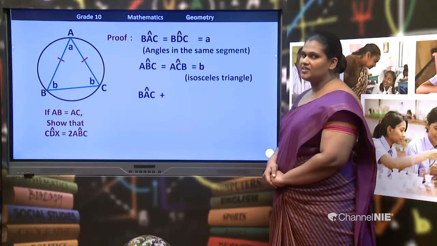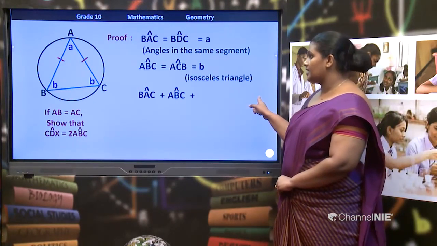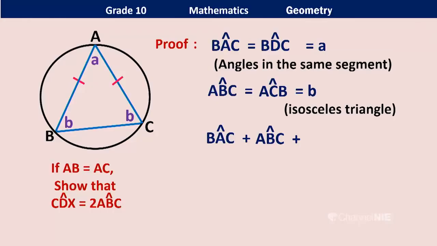Therefore, we can say angle BAC plus angle ABC plus angle ACB is equal to 180 degrees, since they are the interior angles of a triangle. So, we know that the sum of the interior angles of a triangle is equal to 180 degrees.